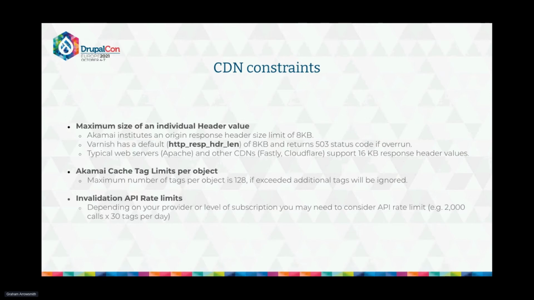Some are very generous. Your level of subscription may force you to consider how often you send your eviction requests. Maybe the number of calls, maybe the number of tags you can send will be something to consider. And the solutions we're discussing, while they're Akamai centric, you might have these sort of challenges with your provider.